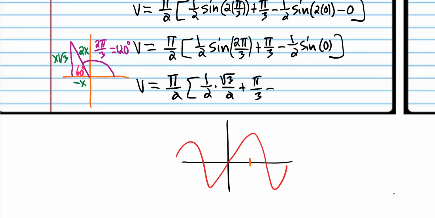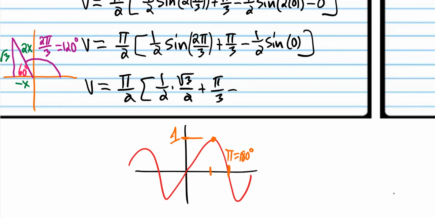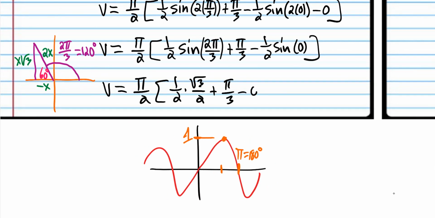Now if we had 90 degrees, the y value would be 1. So that's 1 there. If we had 180 degrees, the y value would be 0, because that's pi, which is equal to 180, and so on and so forth. So you need to be familiar with your radian angles and all kinds of different trigonometry that we're using here.